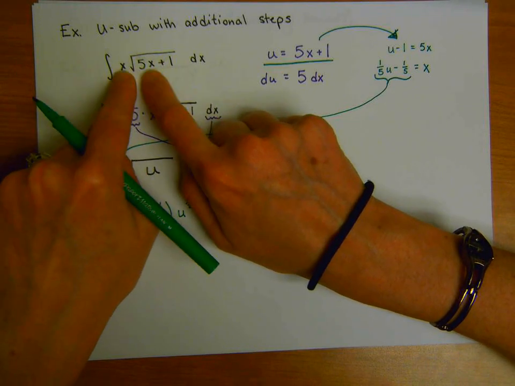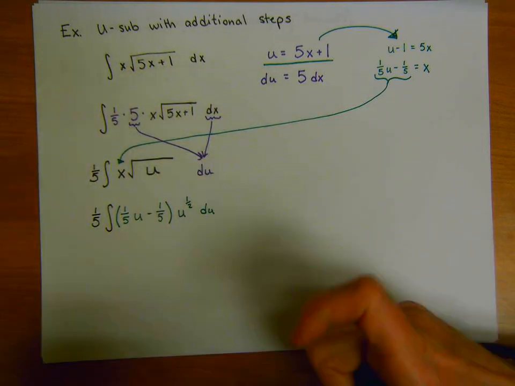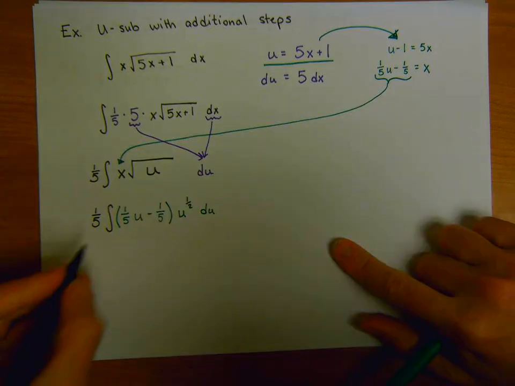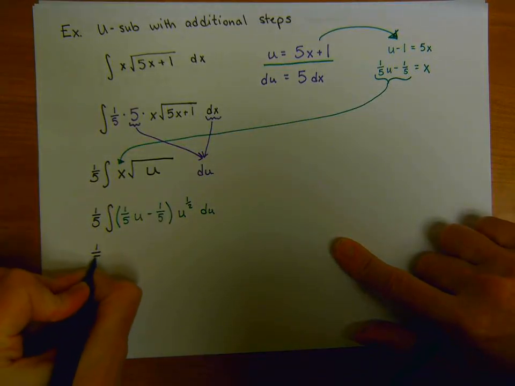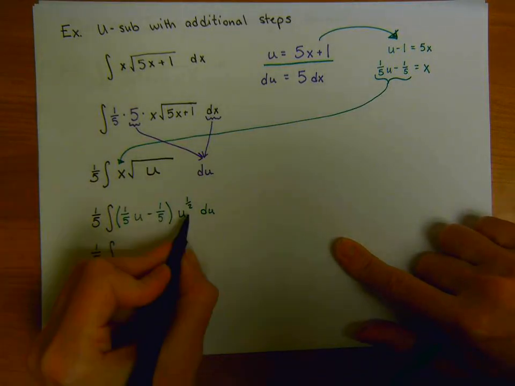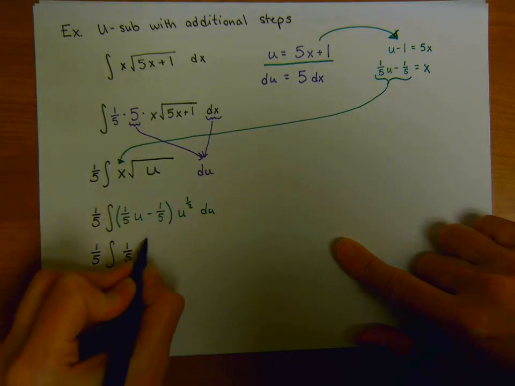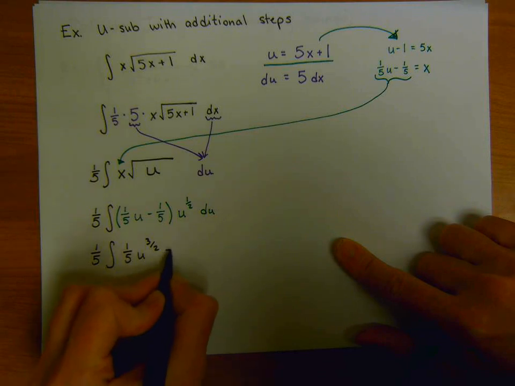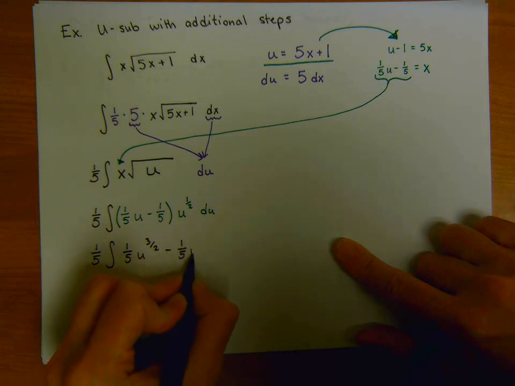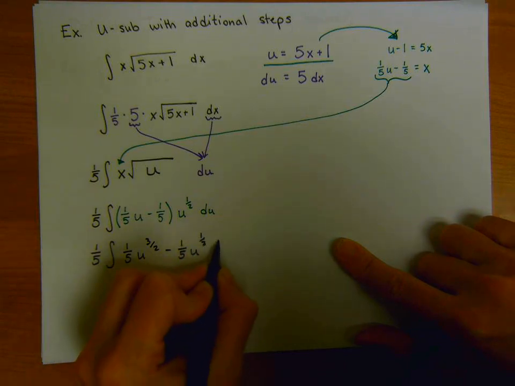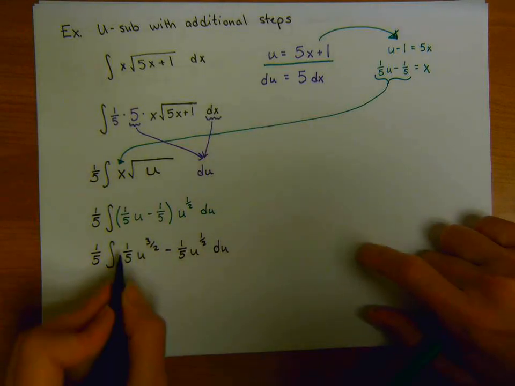It doesn't distribute into these terms. But that means that doing just a little bit of algebra, I can distribute this and I end up with 1/5 u to the 3/2 minus 1/5 u to the 1/2 du. And this is something I know how to integrate.